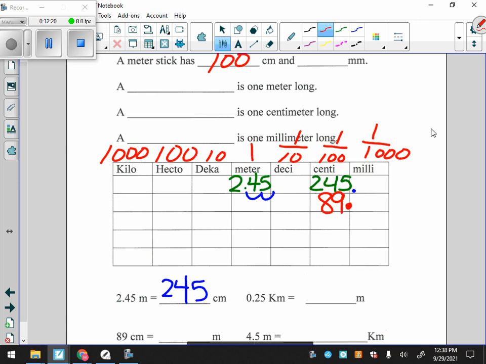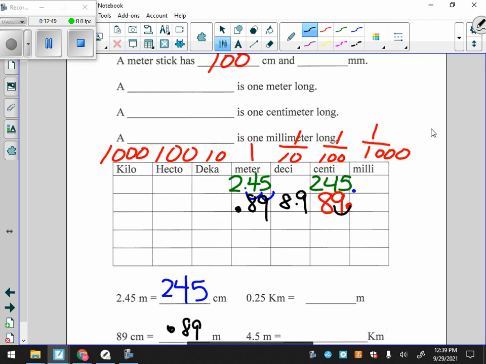So what is the number? How many spots do I have to go over to the left, right? If I go over 1 spot, I'm right here. I want to go to meters. How many spots? 2. What's my number going to be? 0.89. I'm not testing you on this, but I need you to understand it because it's the big picture.